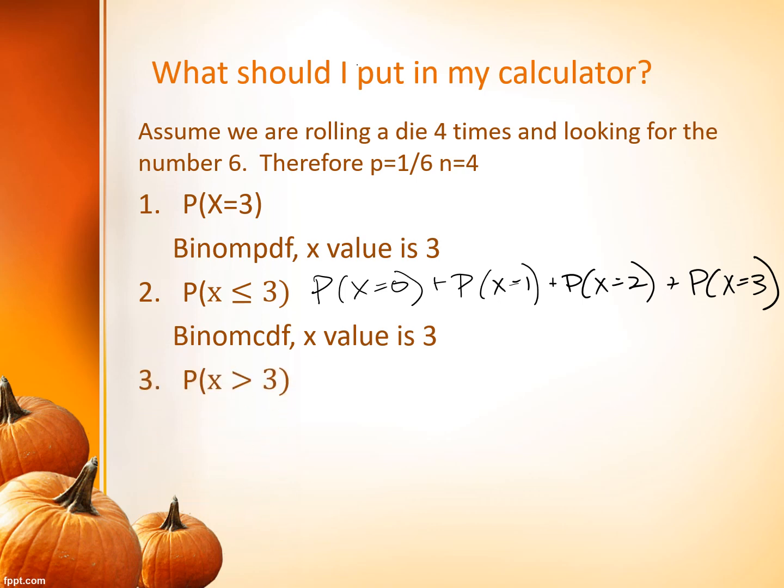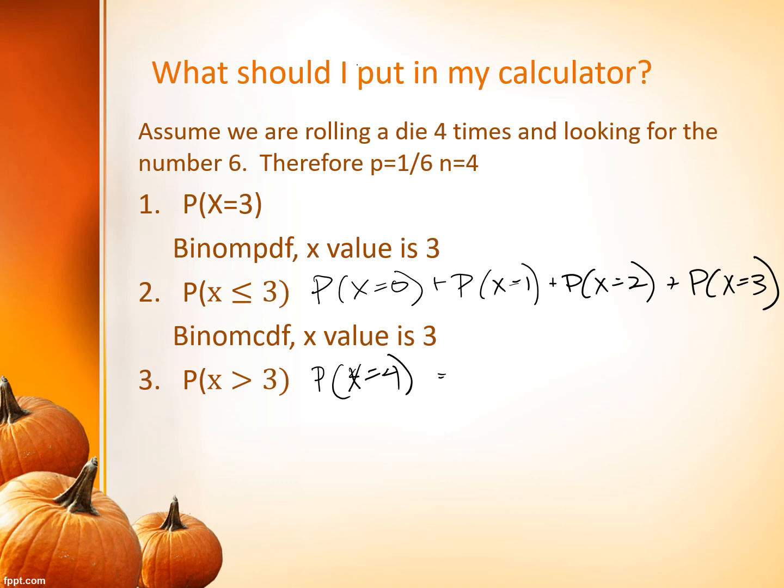Let's try a more challenging one. Our calculator can't do greater than. It can only do less than, or less than or equal to. So in this case, again, I have a range, so I know I'm going to use binomial CDF, but the question is, what is the X value? To think about that, I ask, what does greater than 3 mean? It means the probability of just X equals 4, and that's it. So how could I write that another way?